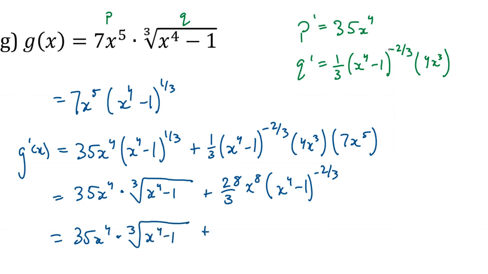So this is going to be 28x to the 8 over 3 cube root x to the 4 minus 1 all squared.